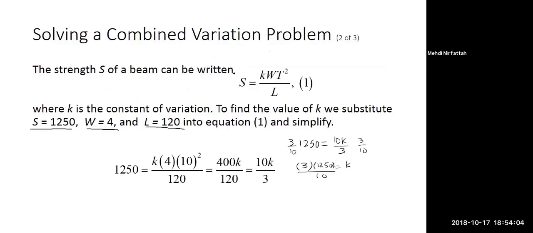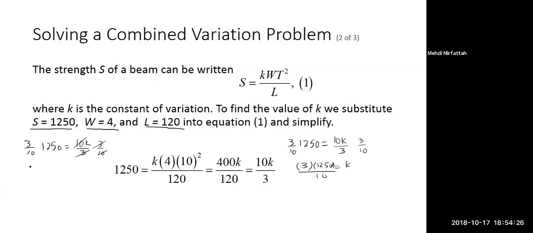You go back to the other side? This one here? Yeah. Go back to this. So once again, we have 1250 is equal to 10K over 3, right? You multiply both sides by the reciprocal of this coefficient. And that's your K. You're just solving for K. Okay. Right?